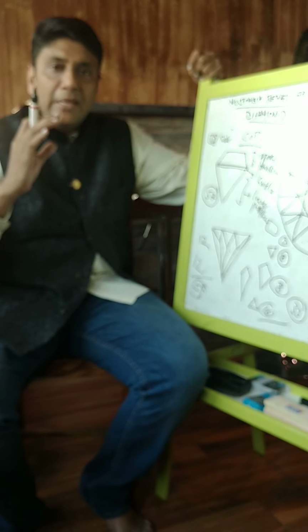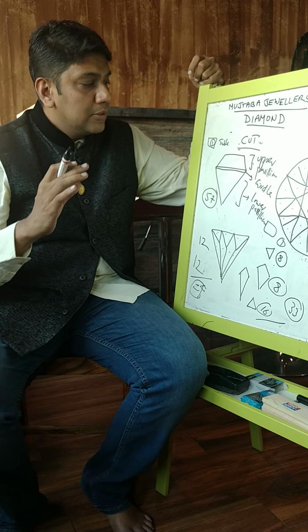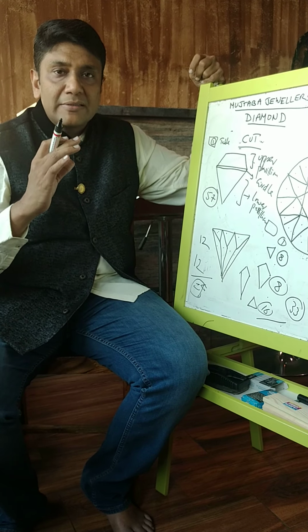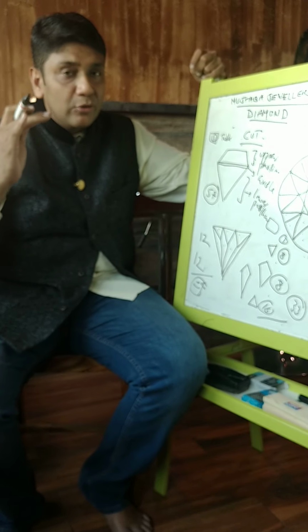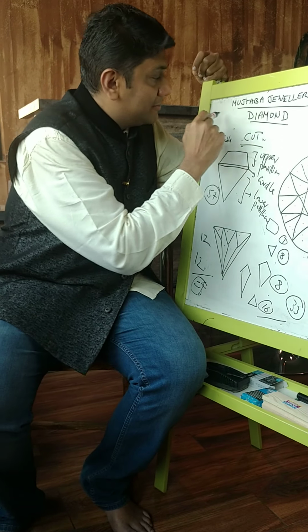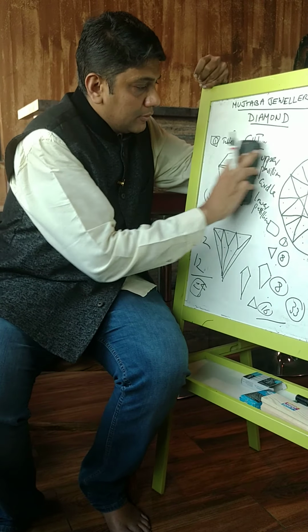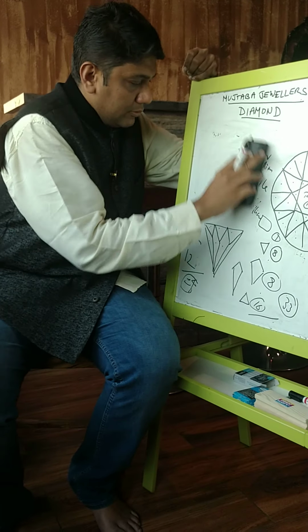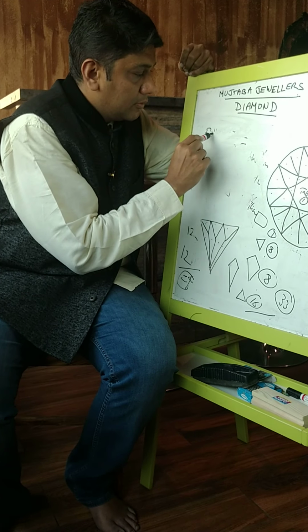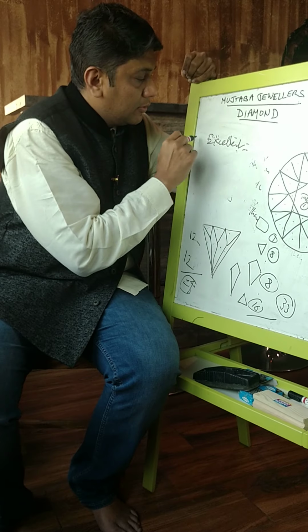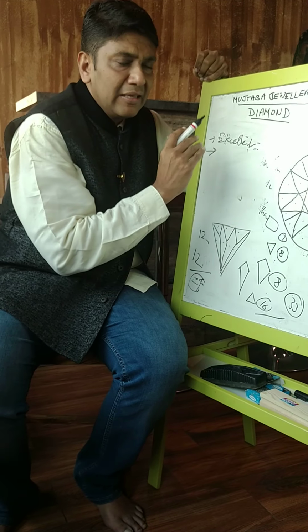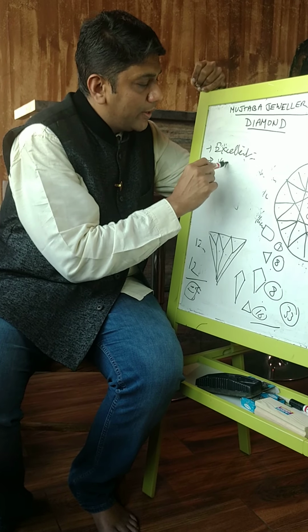So a properly cut diamond will be classified as excellent. A slightly lower cut is called very good.